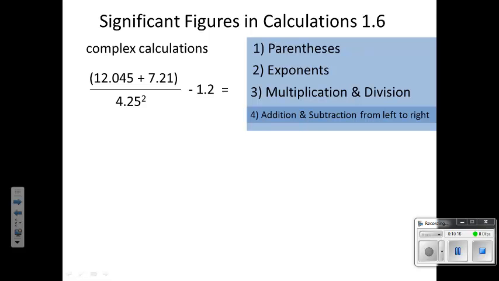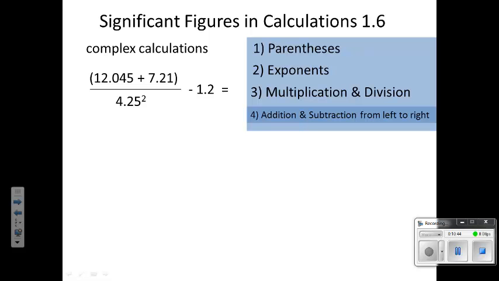In complex calculations, you do things in the order of operations: parentheses, exponents, multiplication and division, and then addition and subtraction from left to right. That's the accepted mathematical order of calculations. And you have to determine significant figures at each step.